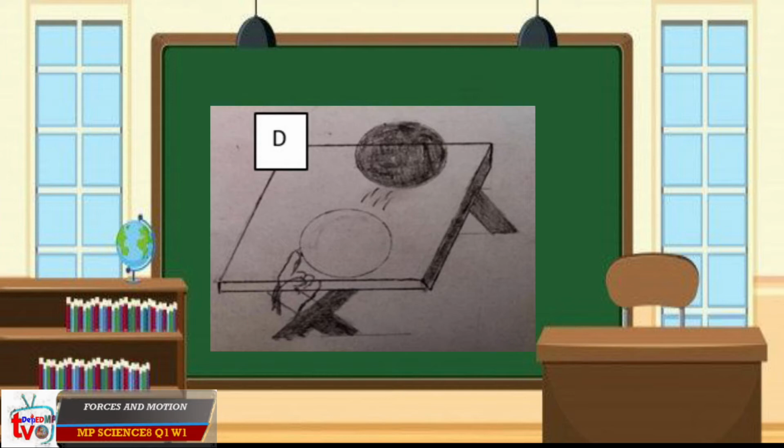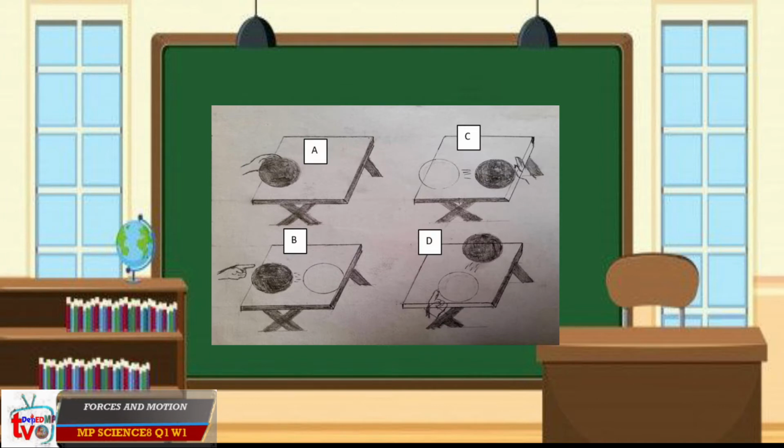In conclusion, force can make the ball or any object move faster, stop, or change in its direction of motion. But does this occur always? Can force always affect change in the state of motion of an object?